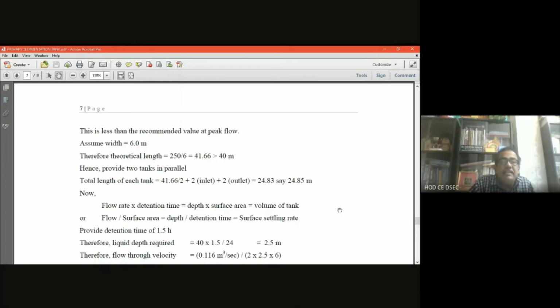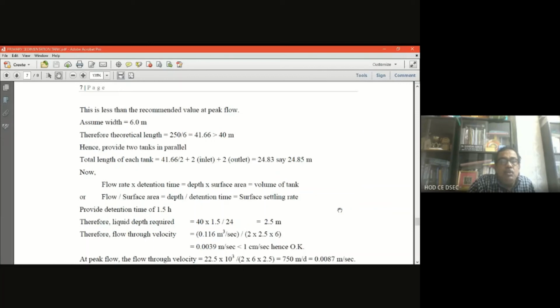So each tank length becomes 41.66 divided by 2, and at the inlet you add 2 meter and at the outlet you add 2 meter. So adding inlet and outlet, 2 plus 2, 4 meter. What will be the length of each tank? That is 24.85 meter if you give the round figure.